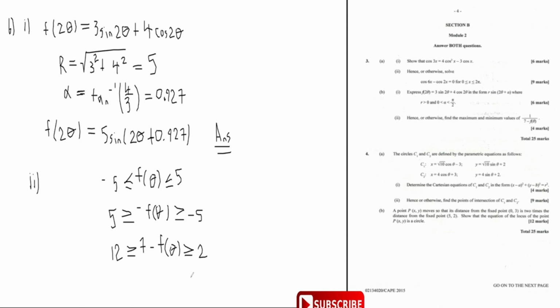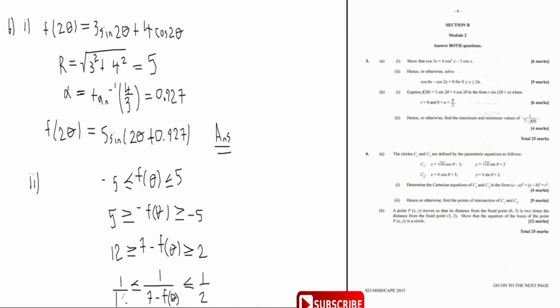When you reciprocate, the signs will change again. This part becomes 1 over 2, so we get 1 over 7 minus f of theta, and the other one becomes 1 over 12.